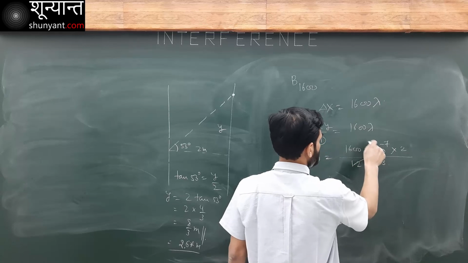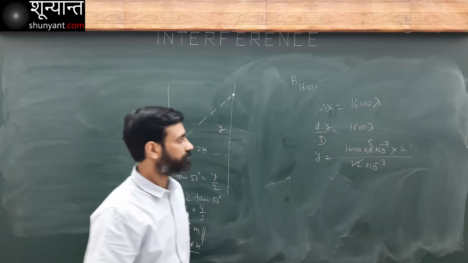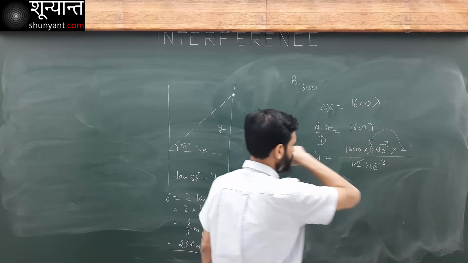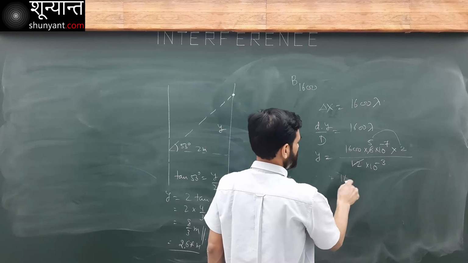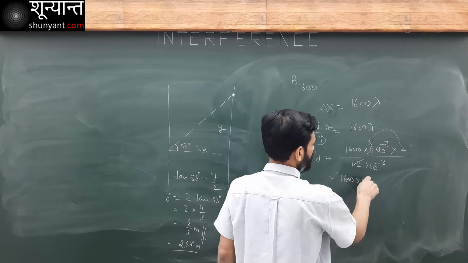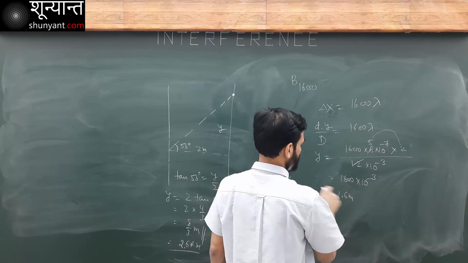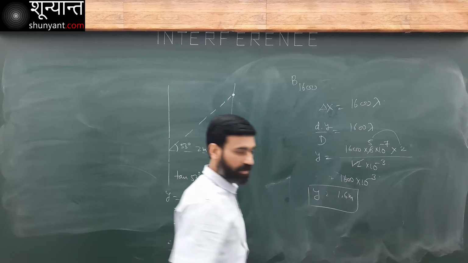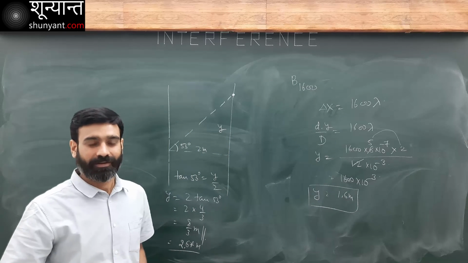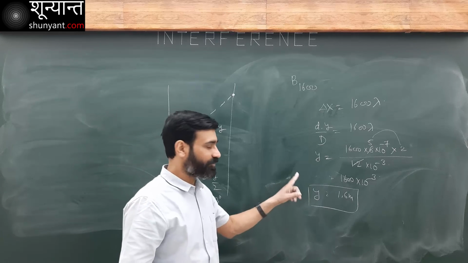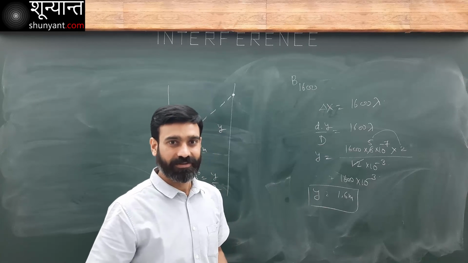This becomes 5 here. 5 and 2, it becomes 10. So this becomes 1600 and 10 minus 3. This becomes 1.6 meter. A huge difference.